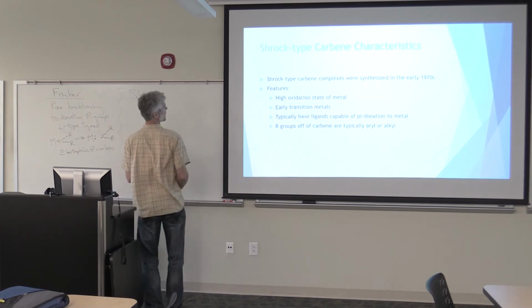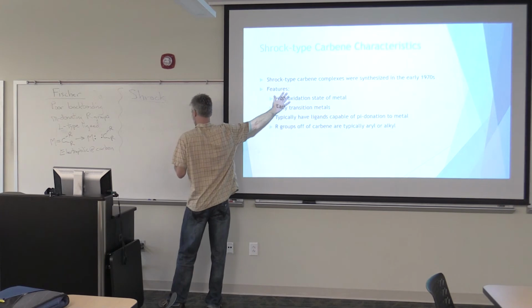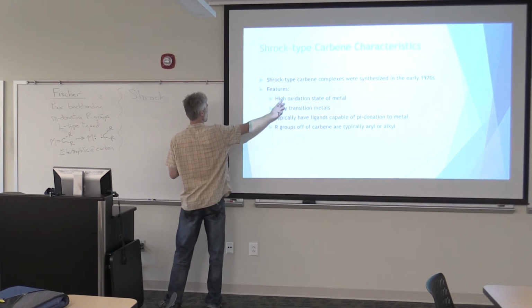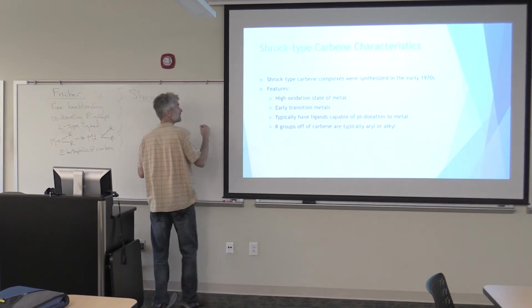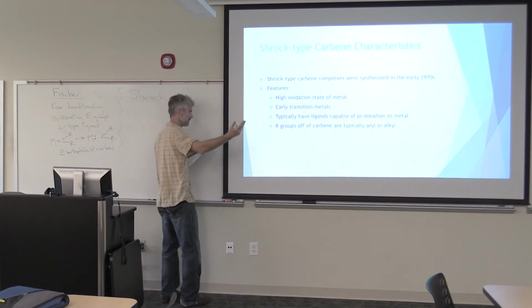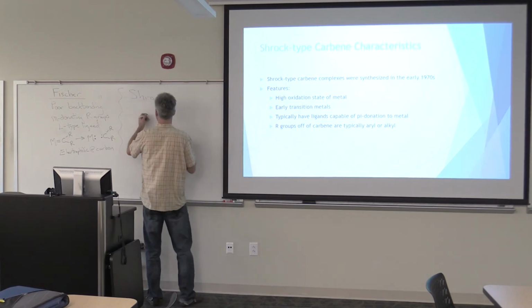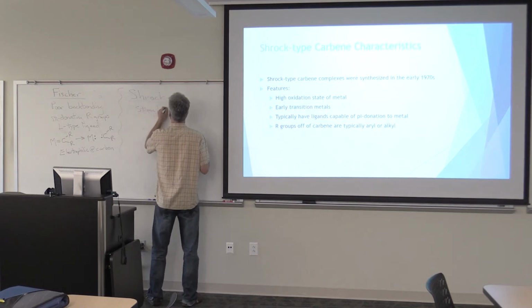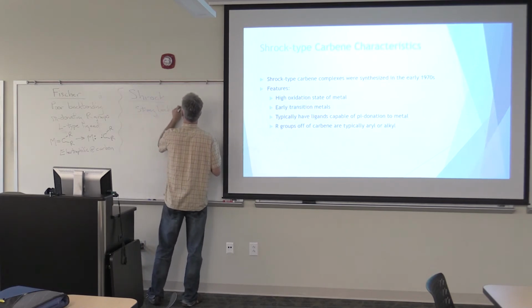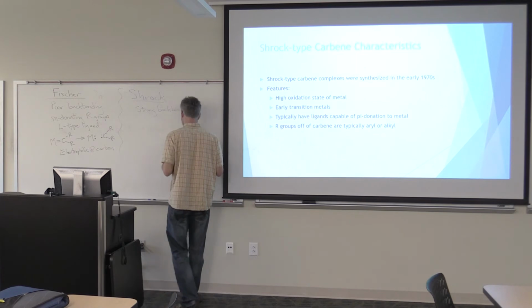So for our Schrock, I'm not going to write these back up there, but it's going to have high oxidation state, early transition metals like tantalum. Normally there's going to be a strong amount of back bonding.